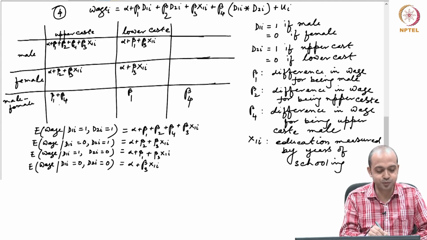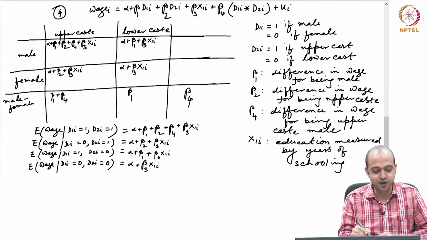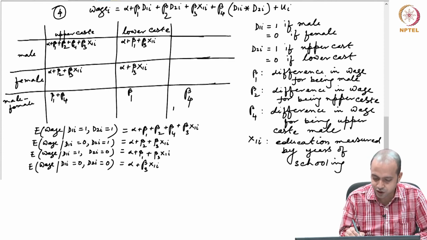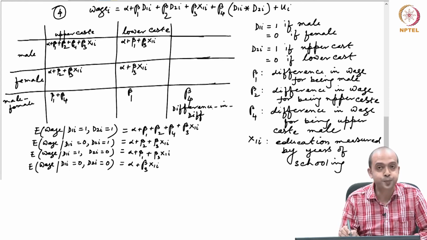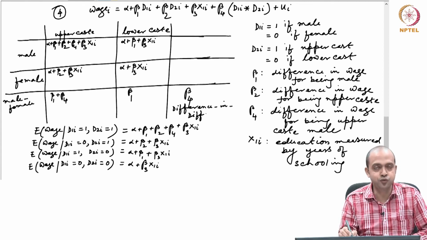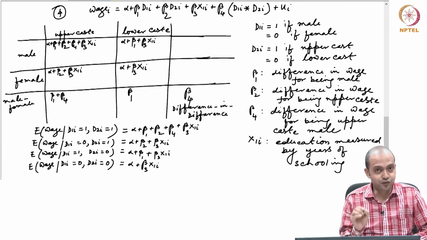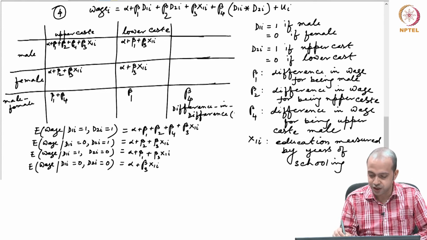This is male minus female, this is also male minus female, again I am taking difference. So, that is why this is called difference in difference estimate, which is a very, very important, interesting and powerful tool in econometrics. You have to carefully understand this difference in difference estimate, or in short DID.